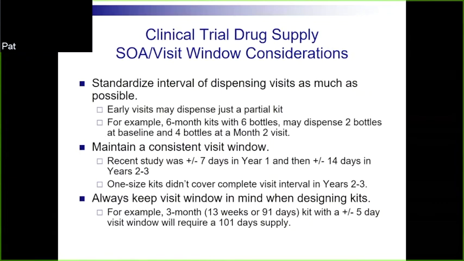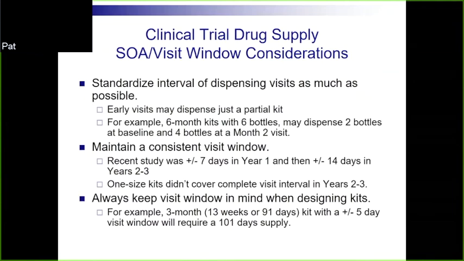Sticking with the study timeline theme here, it's important to try and standardize when we develop our quotes and construct these kits. We like to maintain as few different variations of kits as possible. Let's say for a 3-year study with dispensing visits every 6 months, we'll ideally build active and placebo kits that are 6-month kits.